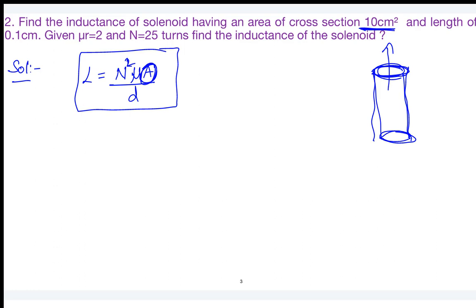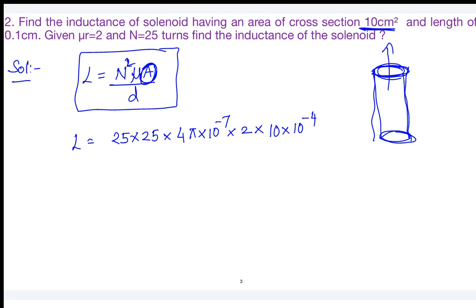So you can substitute the values. The inductance is equal to N square, 25 into 25, 1.25 K. Let me solve. And mu will be mu naught into mu r. So you can substitute 4 pi 10 power minus 7 into mu r is 2, into area of the cross section 10 centimeters square, 10 into 10 power minus 2 whole square, which is 10 power minus 4.